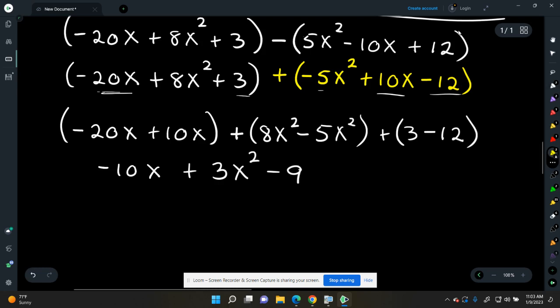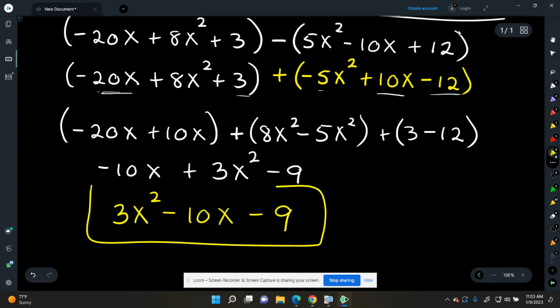And then we've got to put it in the right order. So the 3x squared is going to come first. Minus 9. And there you go. Yes, you put the highest exponent first.